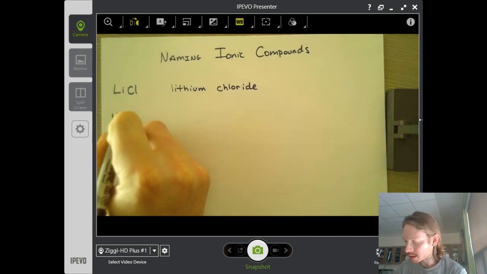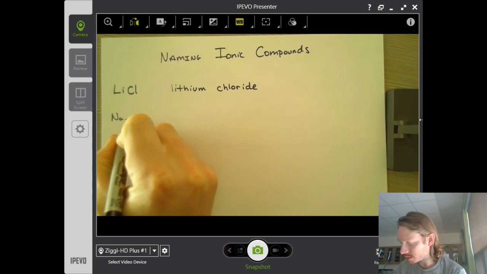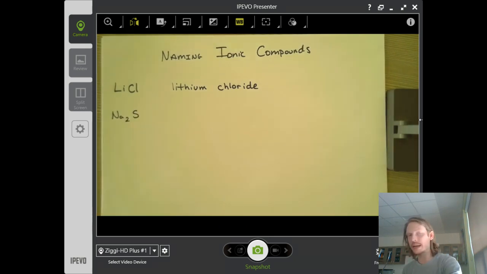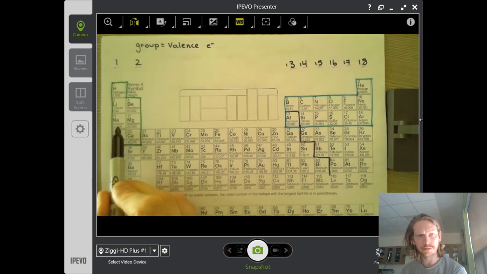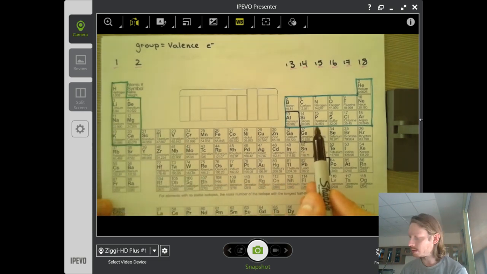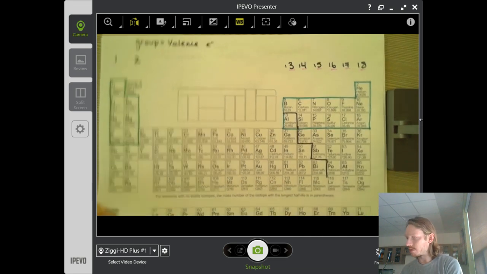Okay, so let's try another one, see if we can start to catch a pattern. Na2S. So Na, something we should be familiar with, is sodium. S is sulfur. So we have sodium and sulfur. Let's see how those go together to make a compound.